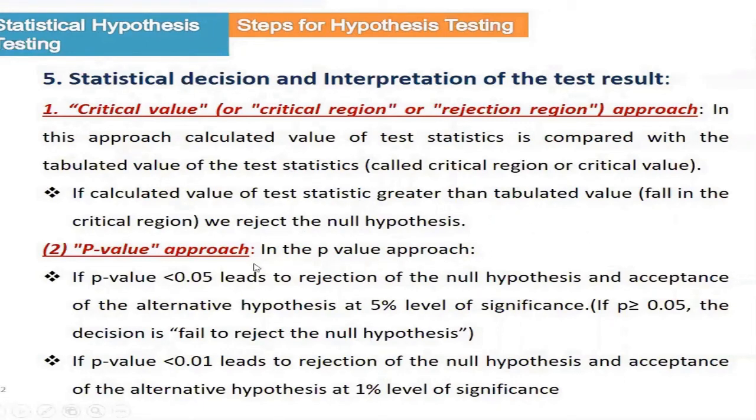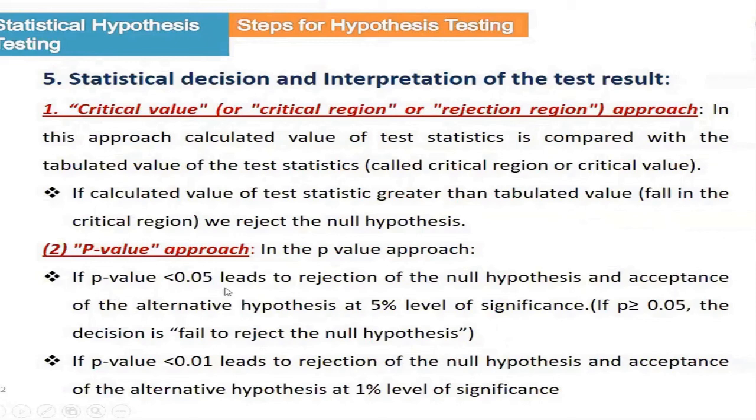If it is less than 0.05, then we have to reject the null hypothesis. That is, we accept the alternative hypothesis at 5% level of significance, or p-value less than 0.01. That is, we have to reject the null hypothesis at 1% level of significance. So p-value is straightforward.